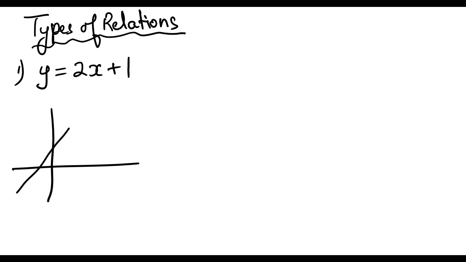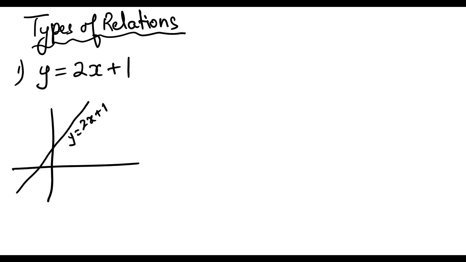Next comes the types of relations. There are 4 types of relations. First example would be, let's say, a relation which says y is equal to 2x plus 1 maybe. This is a linear function. If you know how to draw this, it will be a linear function going like this, right? This is y equal to 2x plus 1.